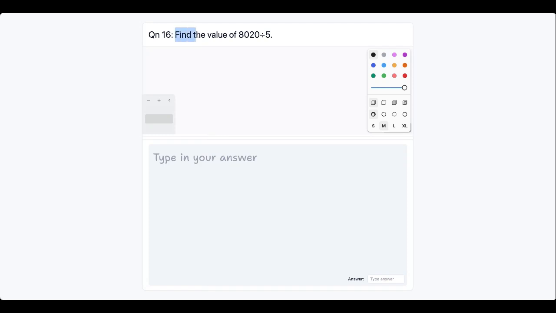Question 16. Find the value of 8,020 divided by 5. In this case, what we can do is put 8,020 divided by 5. What I like to do is it's the same as 8,000 plus 20, and then divided by 5.